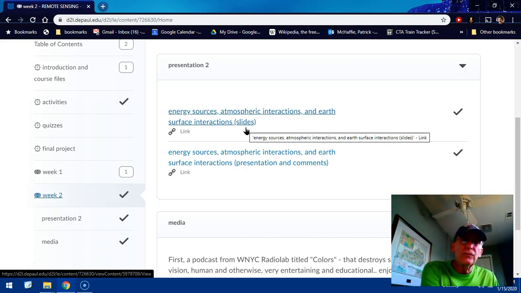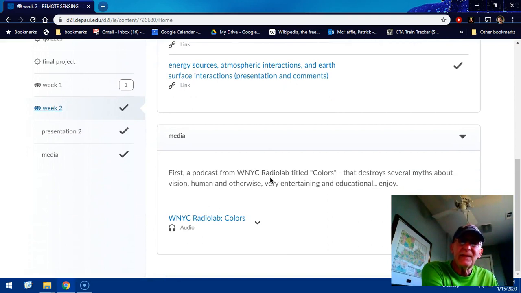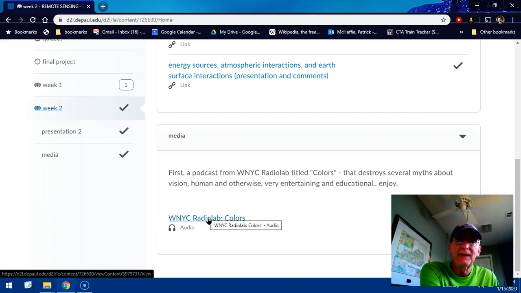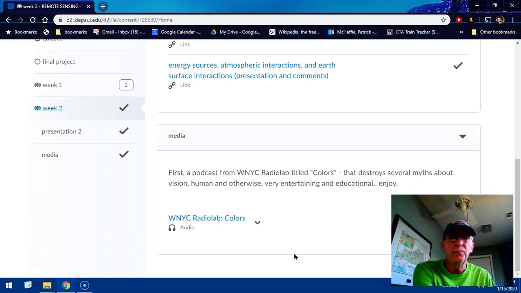And then there's also some media this week, a couple of different things that we're going to take a look at. We have a podcast from Radiolab called Colors, and then there's another media link I'm going to put in here for remote sensing from the International Space Station.